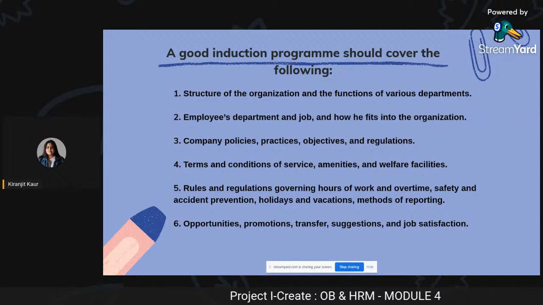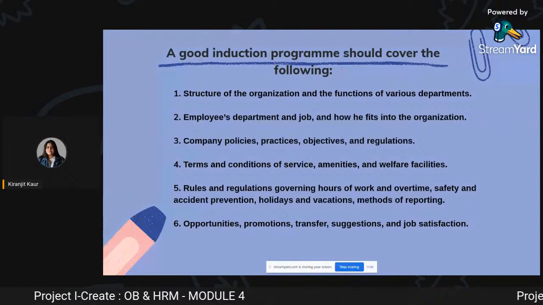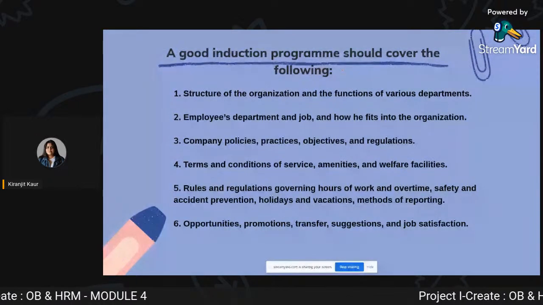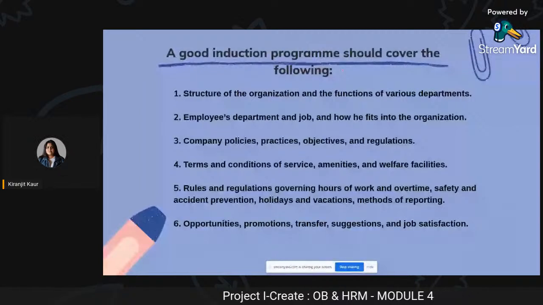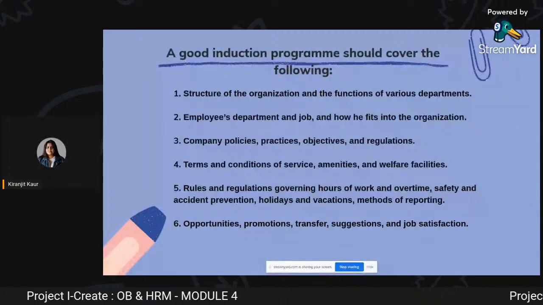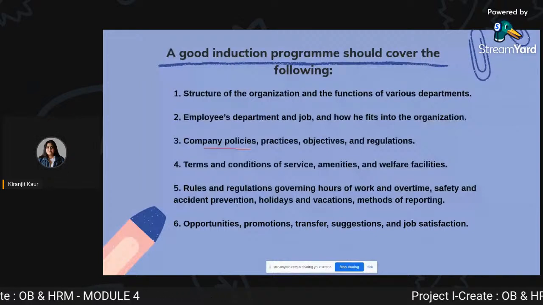What is the environment they are going to work in, what is the job, what are the regulations, and how he will fit into the organization. We should also make them aware of the company policies, practices, objectives, and regulations.